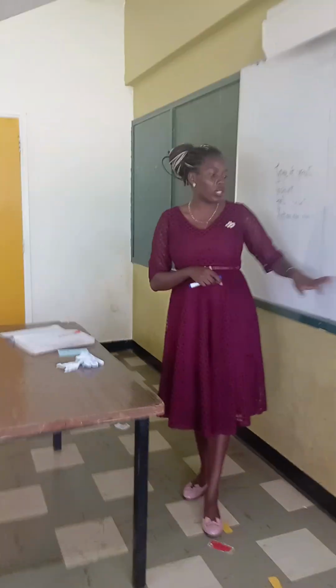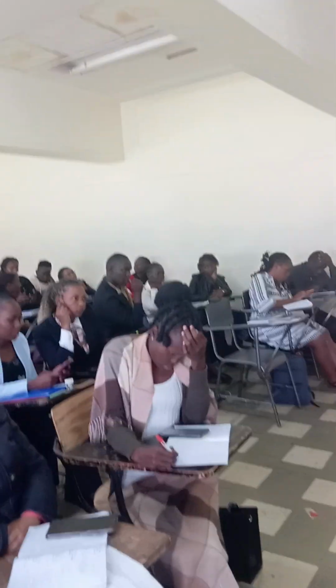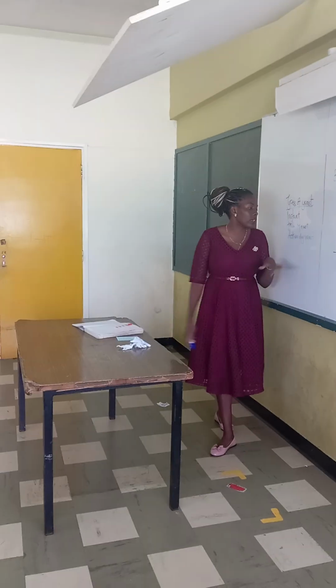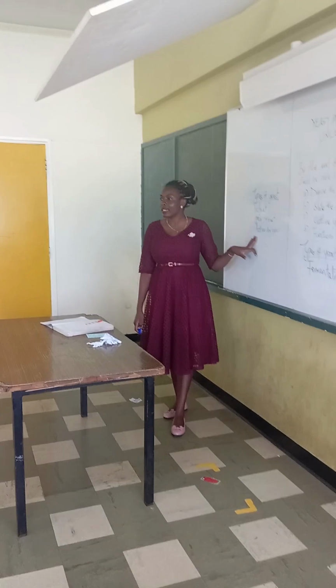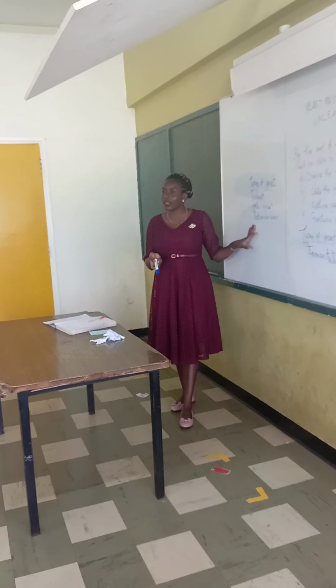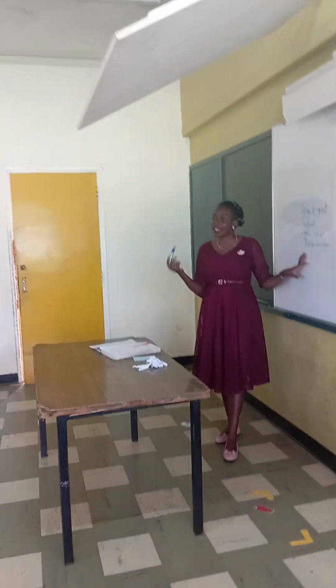Like the product you see when we are fermenting using yeast, we ferment something like beer and wine. You get it? We use yeast to ferment to get beer and wine. Or, when we are using active dry yeast, you have to use warm water for it to be active.